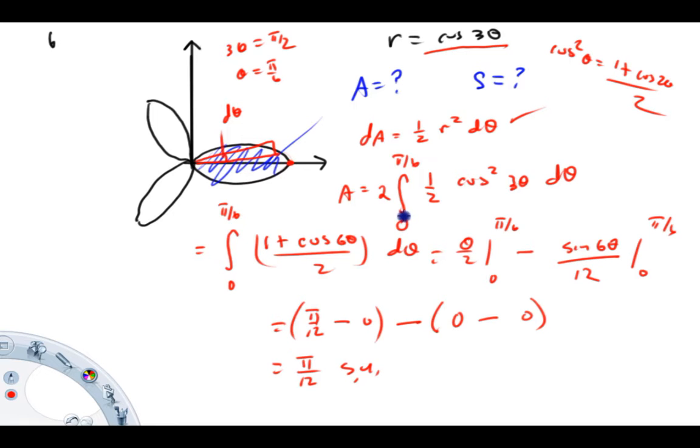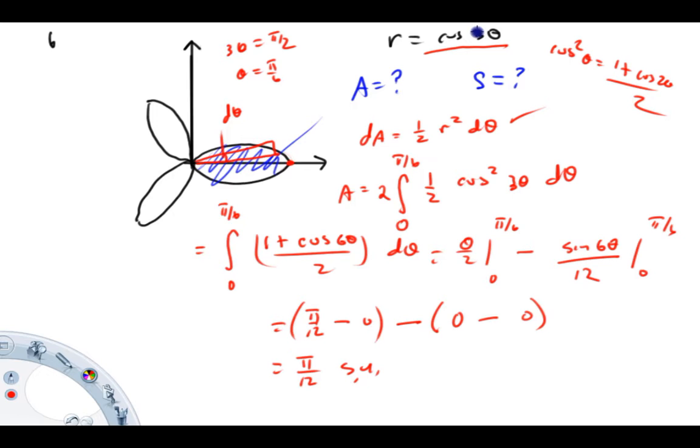Be careful with your limits here. It might have been an easy mistake to believe this was 0 to pi over 2, but it's not. The cosine function is 0 the first time at pi over 2. However, that isn't cosine theta, that's cosine of 3 theta. So be cautious when you're finding your limits. In this case, 0 to pi over 6 is the correct limits for that area calculation.